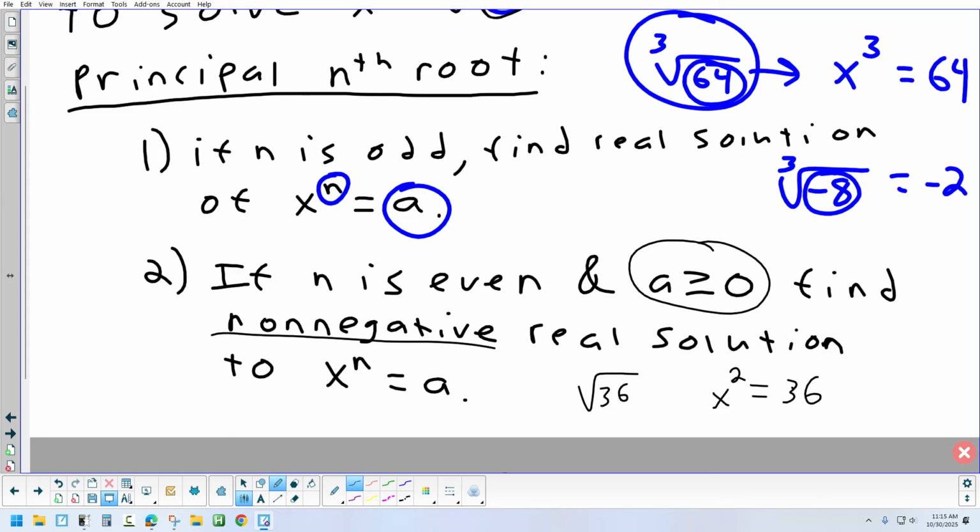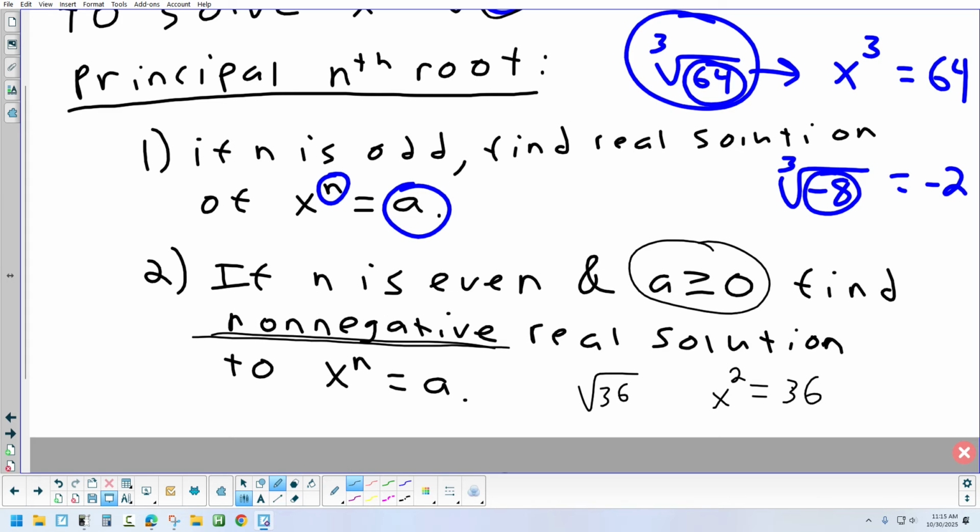So if the question just said, find the roots of 36, that's different. There's 2 answers. But if it said, find the principal root of 36, I would want the answer that is not negative. Notice I didn't say positive, because you might do the square root of 0. And if I said, give me the positive answer when you do the square root of 0, well, there isn't one. The square root of 0 is just 0. So you're looking for the answer that is not negative.